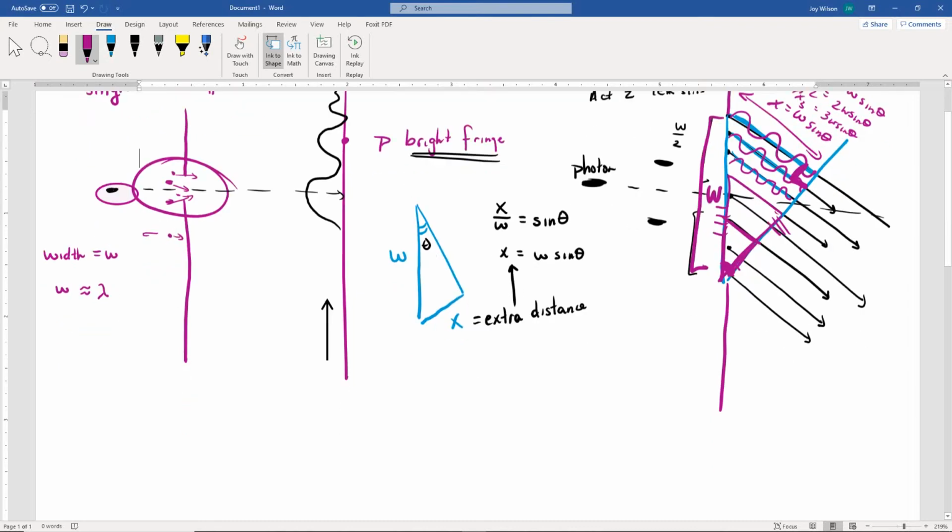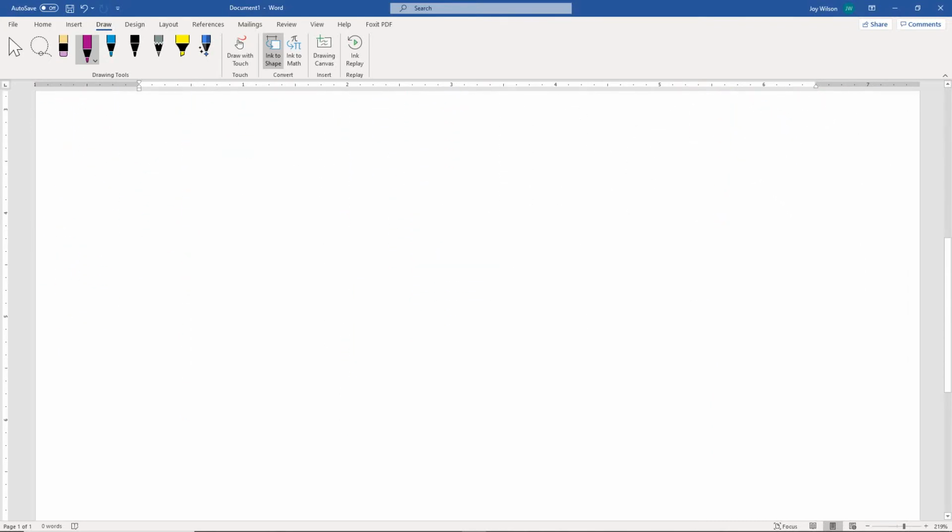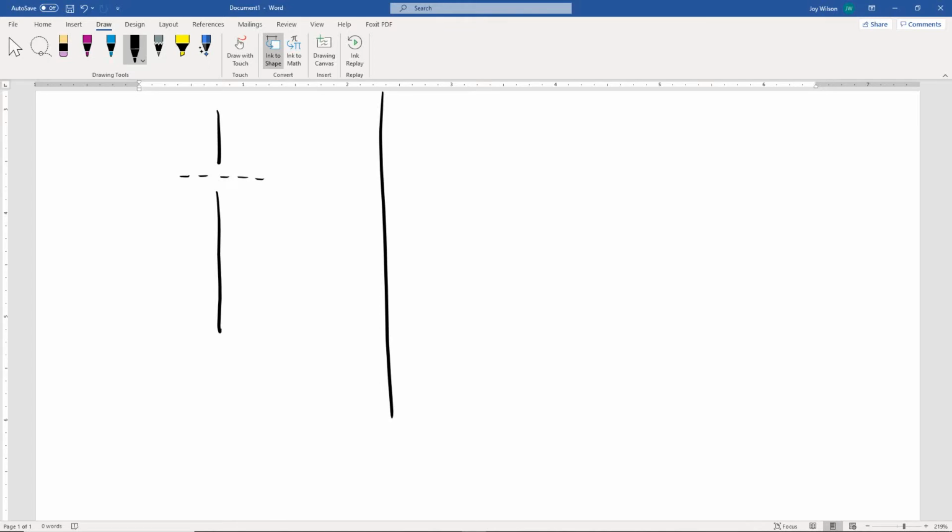Okay, so now let's go back to the zoomed out version and let's do one more thing. Let's see if I can get the pictures good enough for you to handle today. So here we go. Now let's imagine, here's my little half slit. Let's pair off two of these like I did to point P. So here's point P, and here's another one.